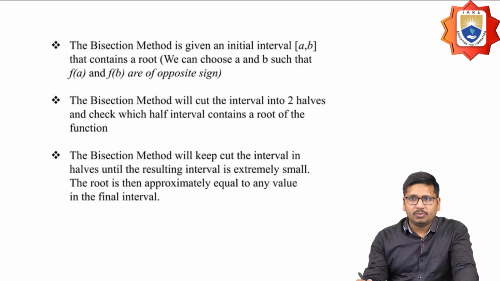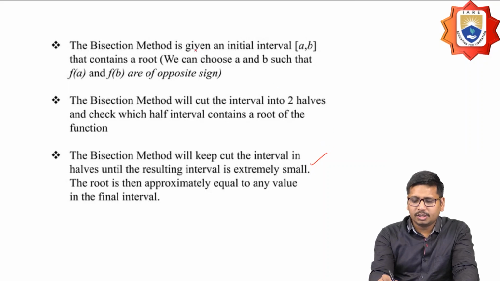It cuts the interval into two halves, then checks which half interval contains the root of the function. We keep halving the interval until the resulting interval is extremely small.